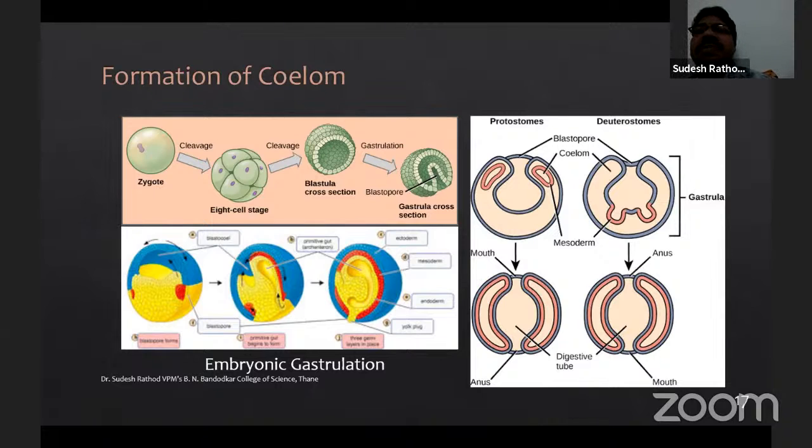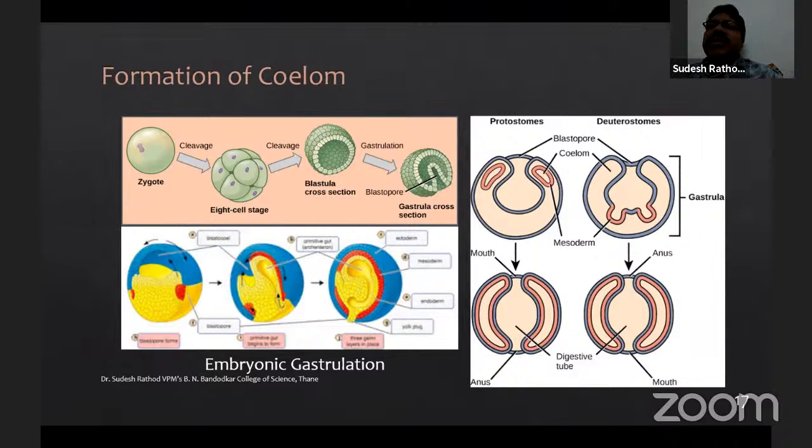Now, how do they develop it? There are two methods: one is schizocoely and the other is enterocoely. On the left hand side, the diagrams show that the gastrula develops a bilayered, diploblastic embryo, and while developing the mesoderm, the coelom starts developing itself. That is shown in your right side diagram.